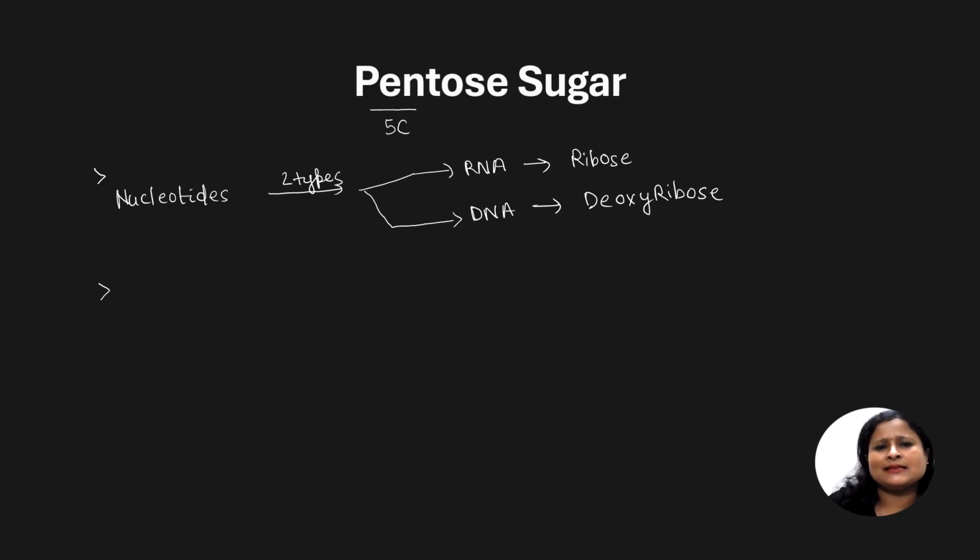Next thing is that the pentose sugar has 5 carbons. This is present always in DNA and RNA in the form of its cyclic structure. This 5 carbon cyclic structure is called furan structure or furanose structure.